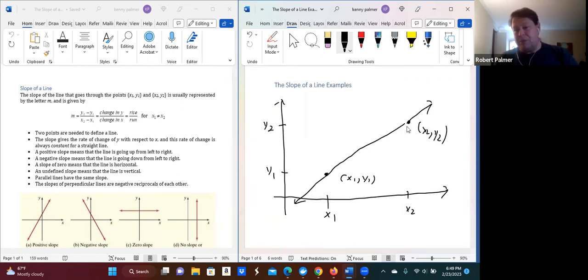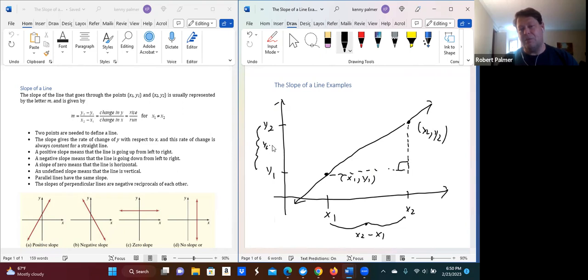Then what we can think about is imagine a right triangle from here, where your hypotenuse, the long side, is the distance between the 2 points. And this distance here is your x2 minus x1. And this distance along the y's is your y2 minus y1.